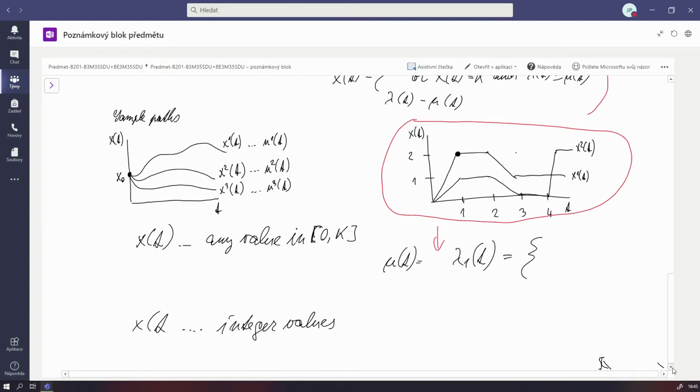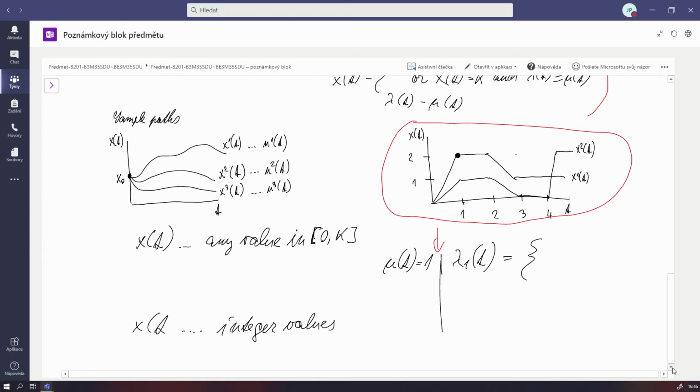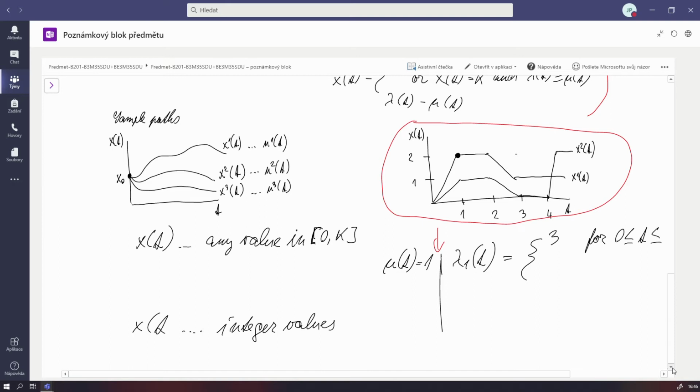So let's take the value of mu being 1, and then for this sample path, if we have the value of lambda, for example 3, then for time between 0 and 1, the dynamics will be 2. So this is the slope of this path here.